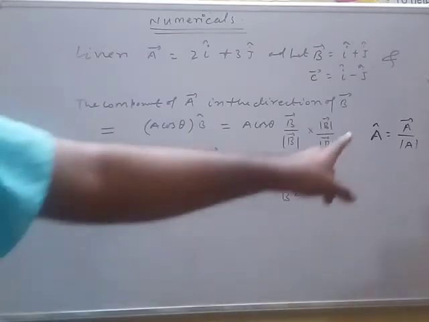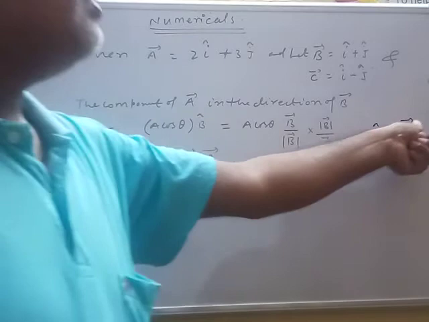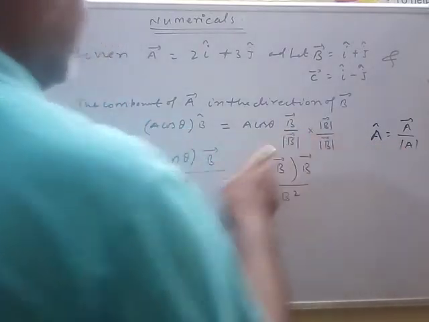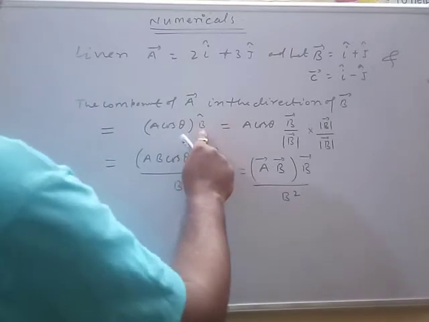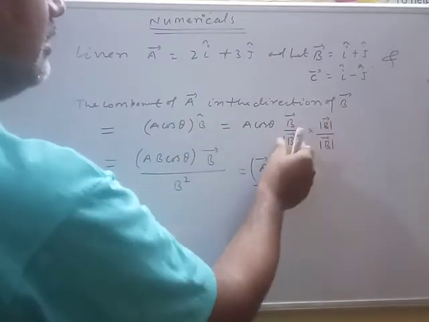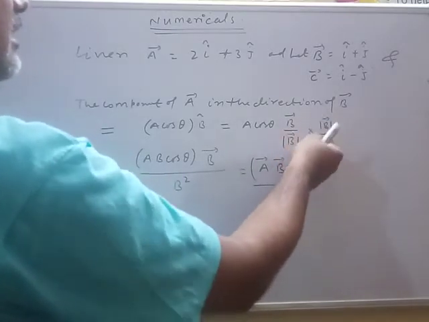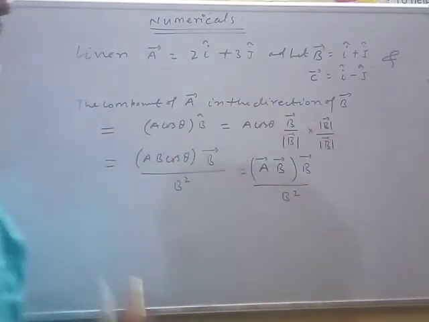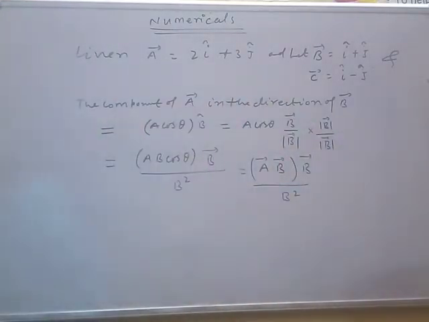If we want to find the A cap of vector A, then it will be equal to vector A upon mod A. Using the same formula here, we write unit vector B in the form of vector B upon mod of vector B, and we multiply this equation by the magnitude in numerator and denominator. The value of the equation remains unchanged.